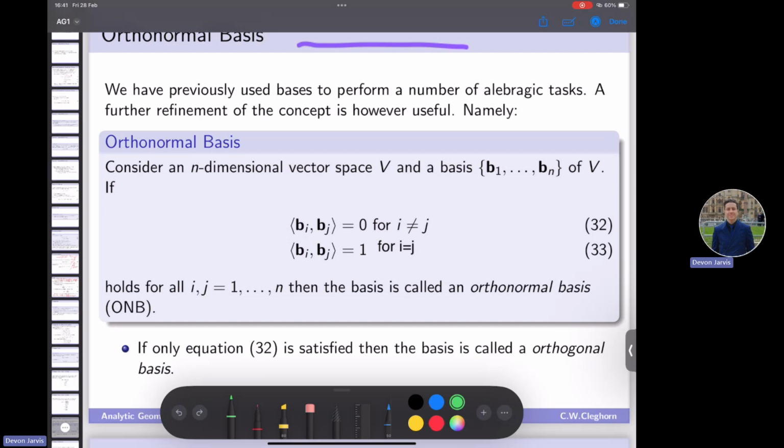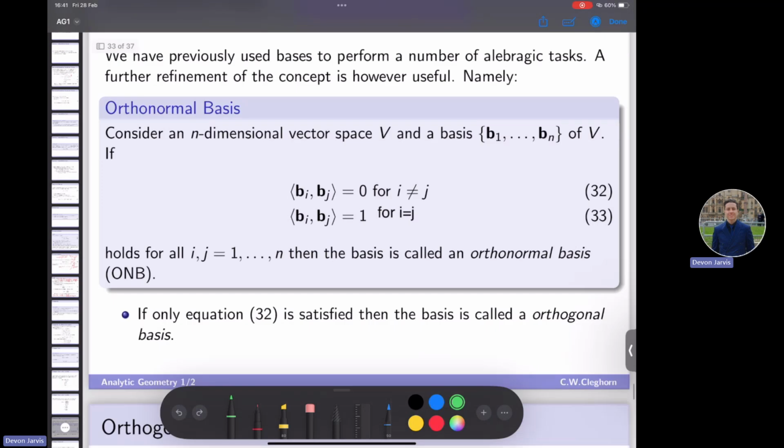Same ideas. We've defined orthonormal vectors, but now we're talking about a basis, a minimal spanning set of a vector space. When that minimal spanning set has orthonormal vectors, then it's an orthonormal basis. People call it an ONB.